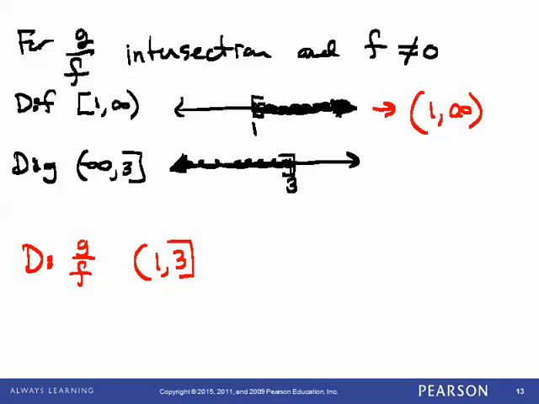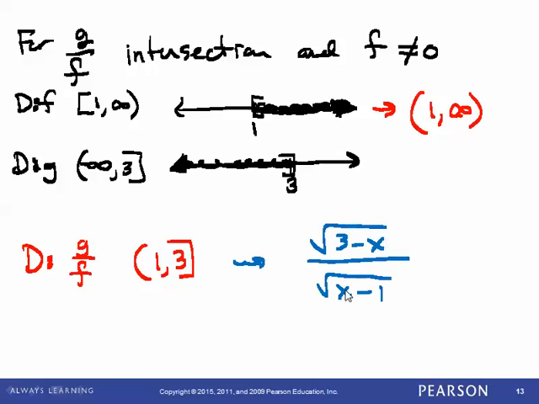Again, it's getting a little abstract here, so let me go back to the functions themselves. g on top would be the square root of 3 minus x. f on the bottom would be the square root of x minus 1. Because of this constraint, the highest number I can put in here is 3.